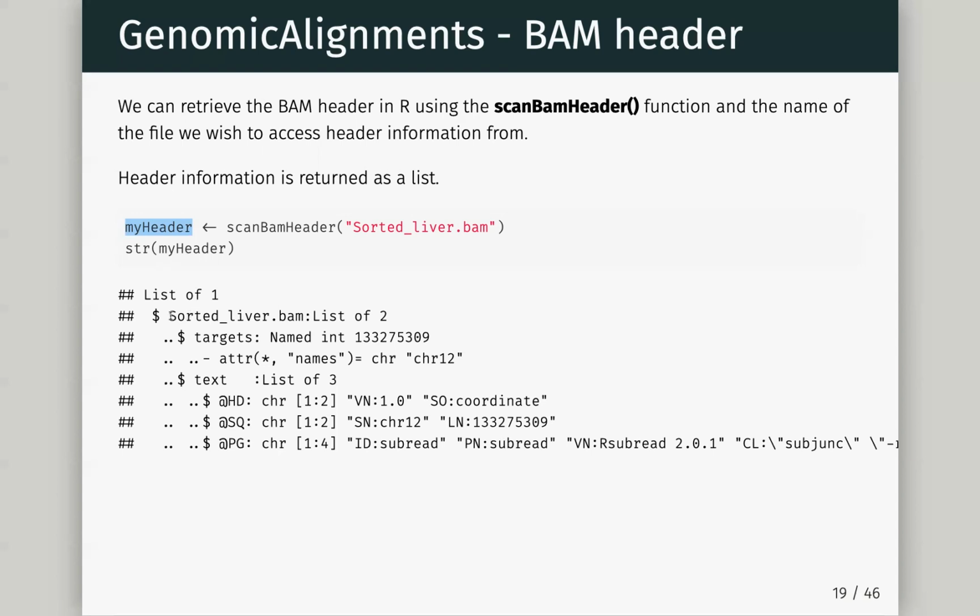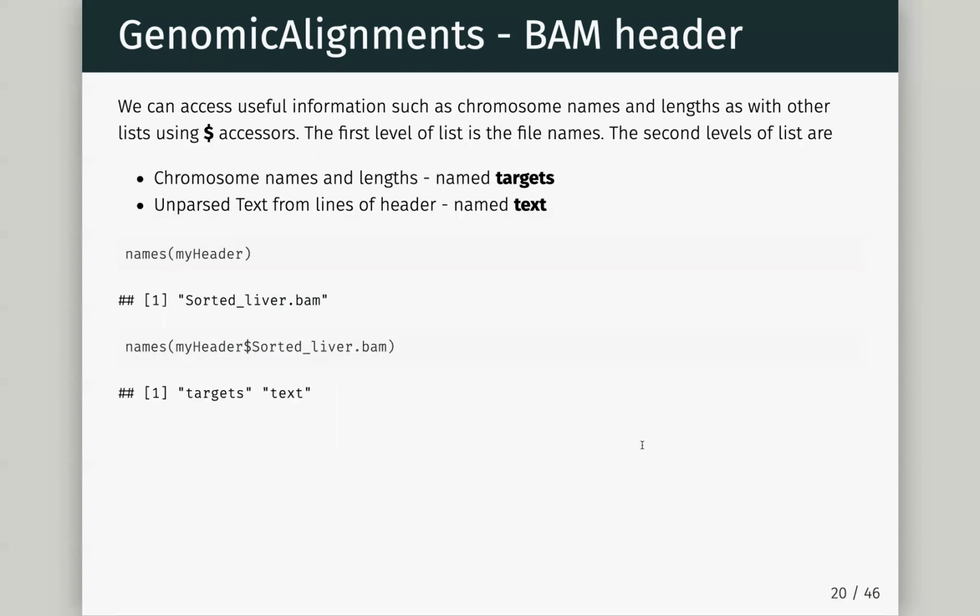And in there, we have one element, and that's actually the name of the BAM file we're looking at. And inside that list, so we have a list within a list, we have the targets, which are going to be the chromosome names and lengths, and we have the text, which is going to contain, as you can kind of see here, some program information.